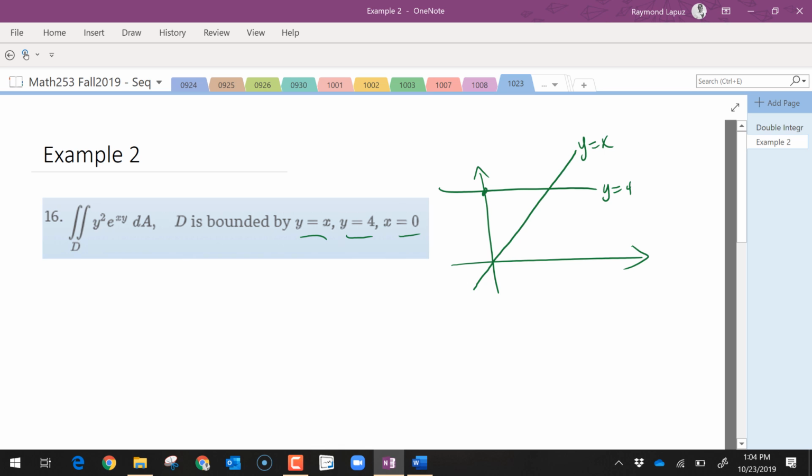And at this point, I still don't know what the region is, because right now it looks like there might be two regions. But the third line is x is equal to 0. So x is equal to 0, it's just the y-axis. So I think we have our region identified. Agree?